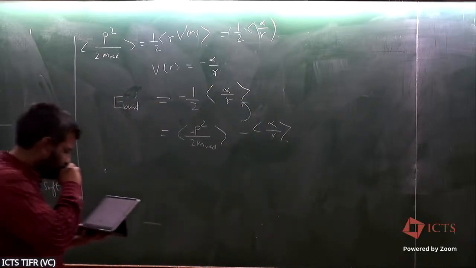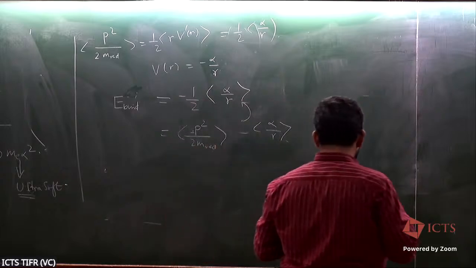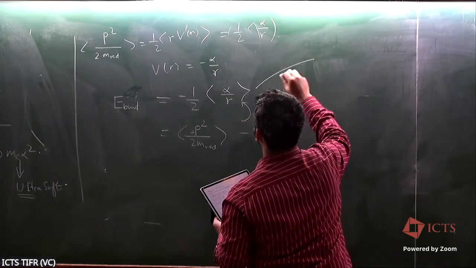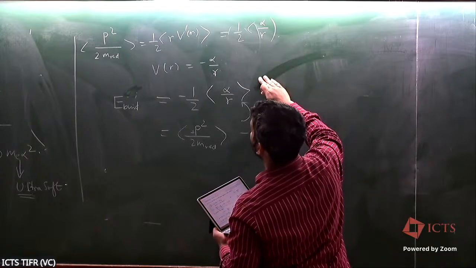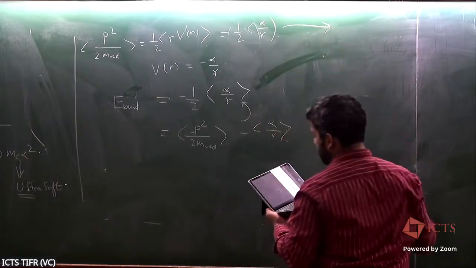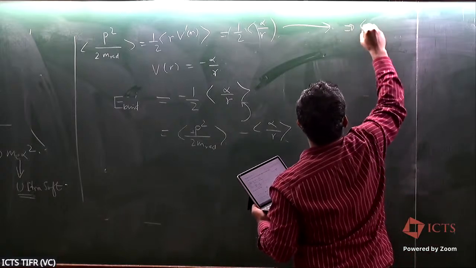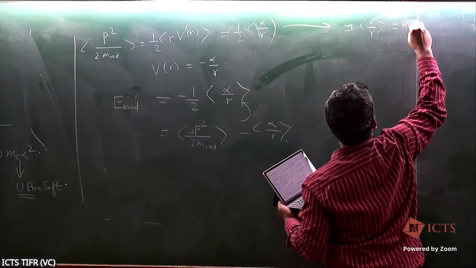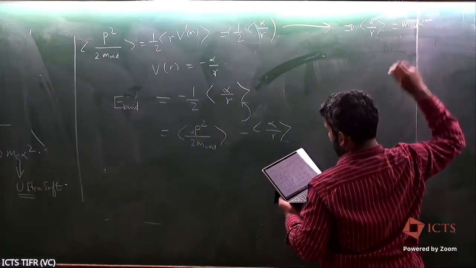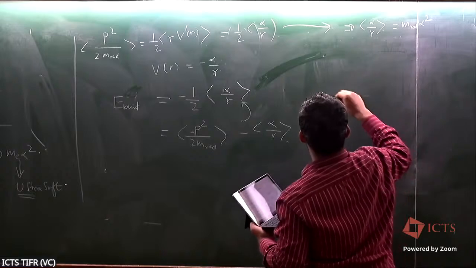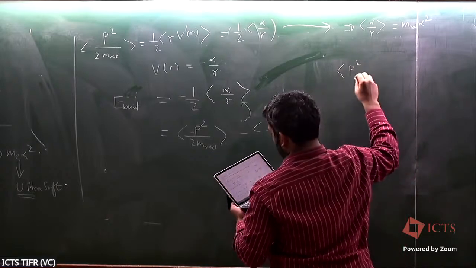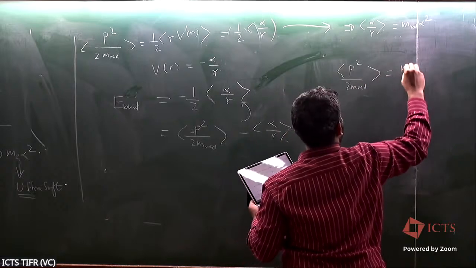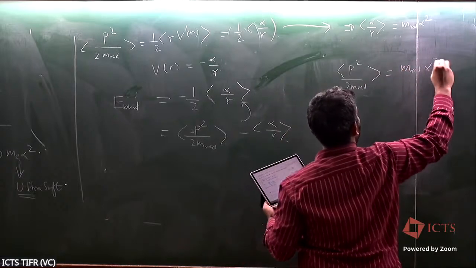Now, just give me a minute. So this immediately tells me that alpha by R is m reduced alpha square, and P square over 2m reduced is m reduced alpha square.